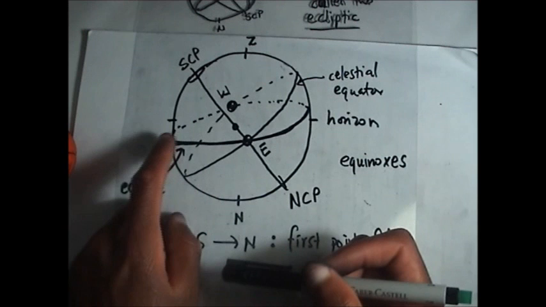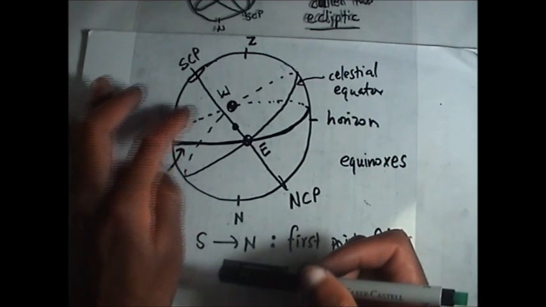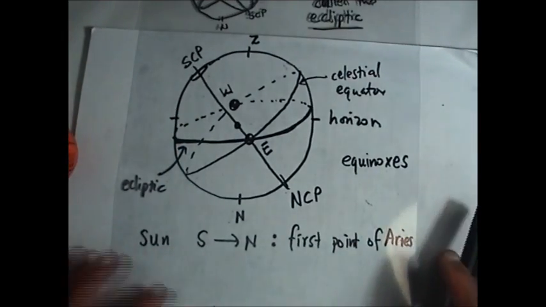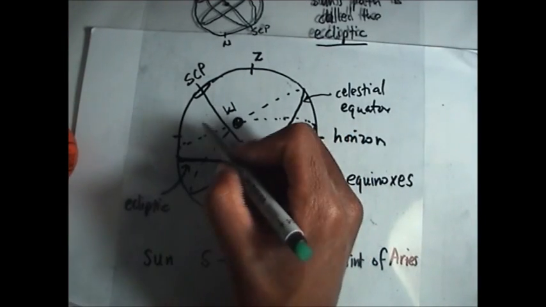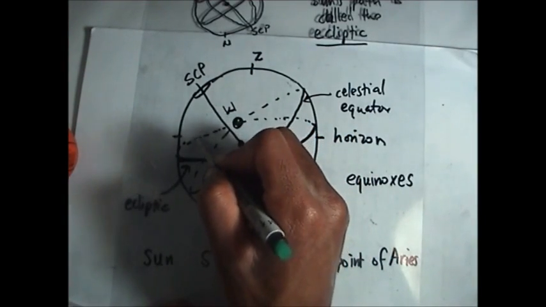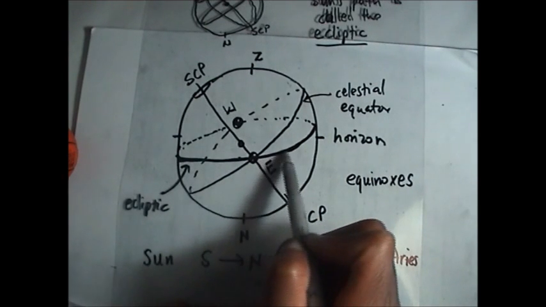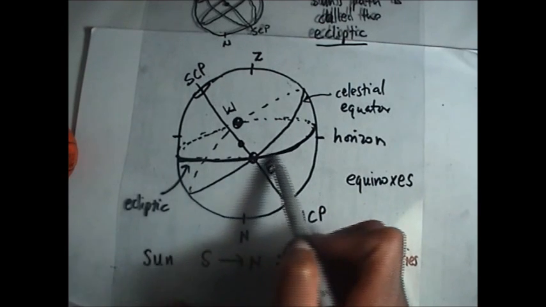We are told that on the equinox, the path of the sun moves from west to east, as seen from Earth. So the sun comes like this, from west to east, and then goes back, and then comes back like that.